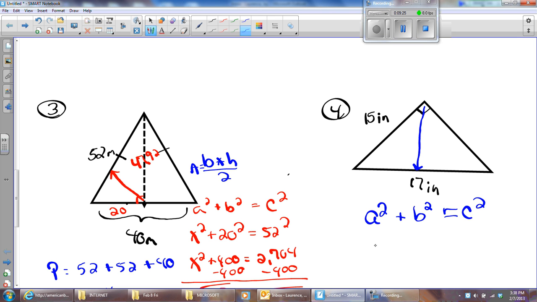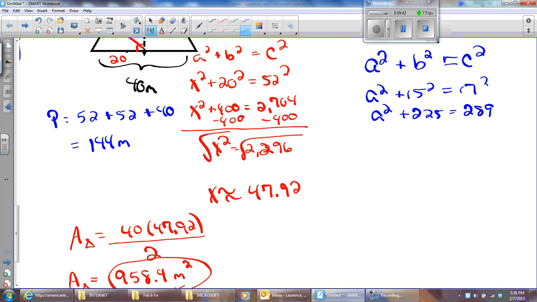Okay? So I'm going to have a squared plus 15 squared equal to 17 squared. a squared plus 225 equals 289. If I subtract 225 from each side, a squared equal to 64.